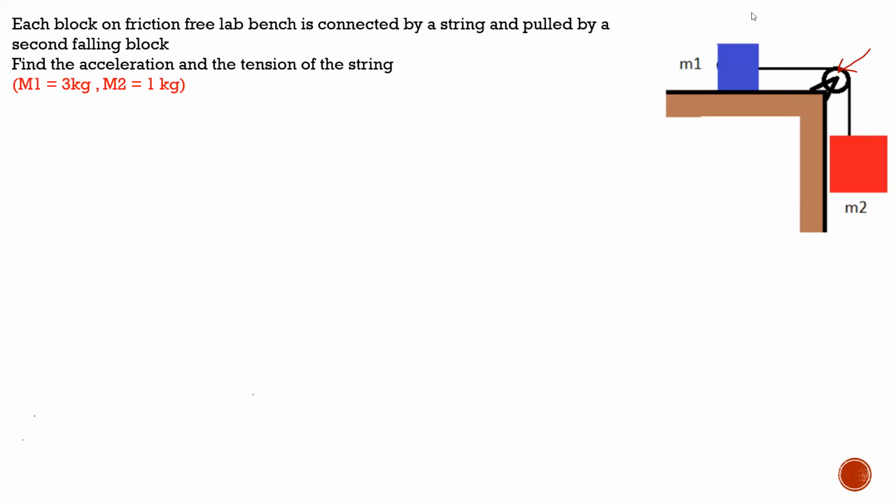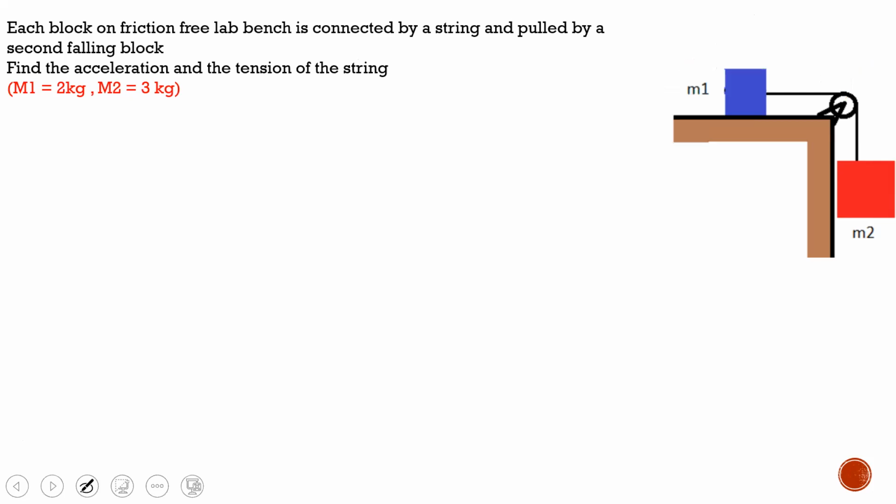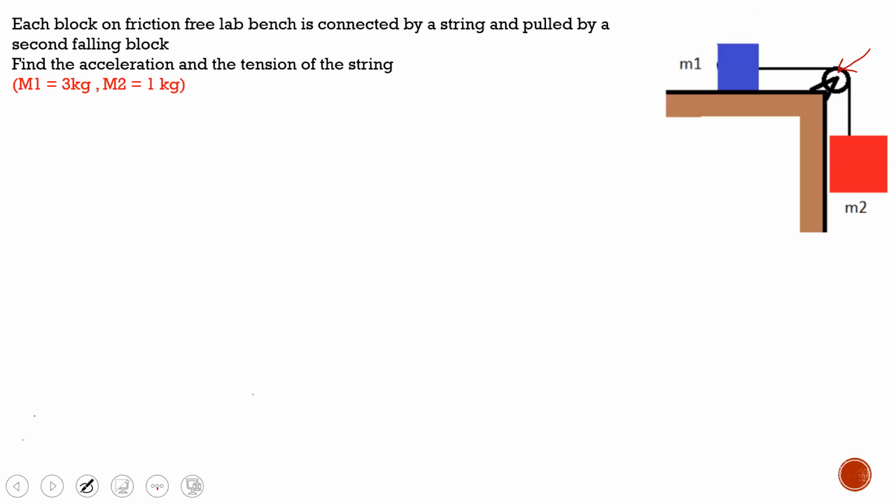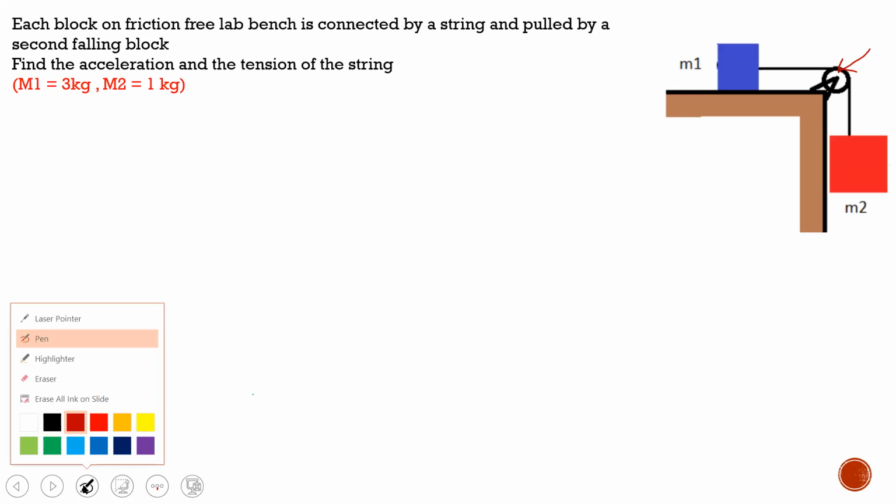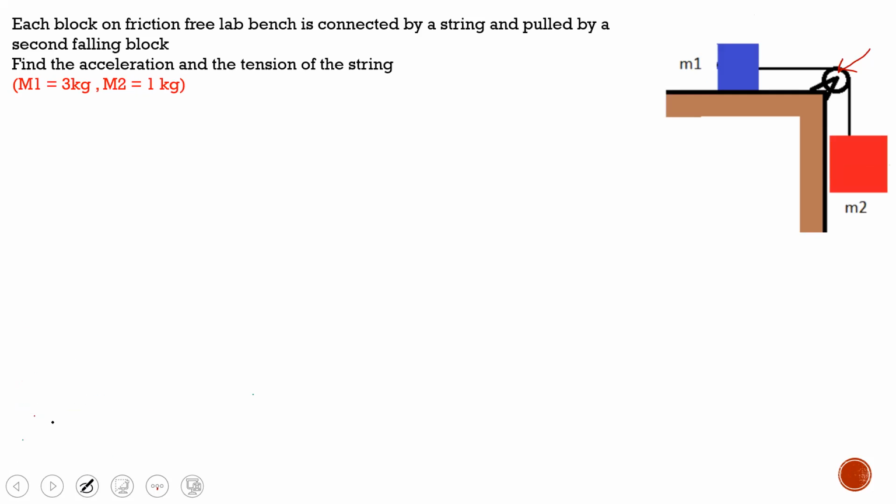Let's make M1 is 3 kilograms and M2 is 1 kilogram. Now they told me that there's no friction here.